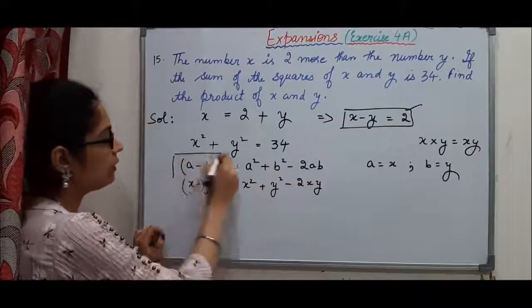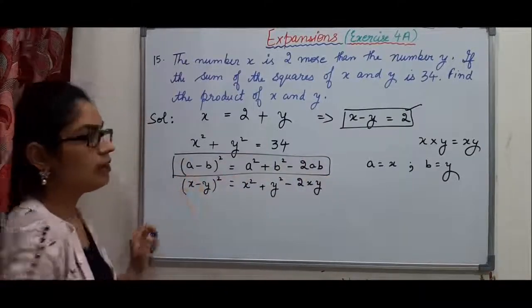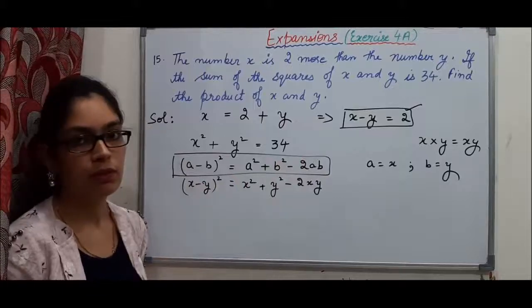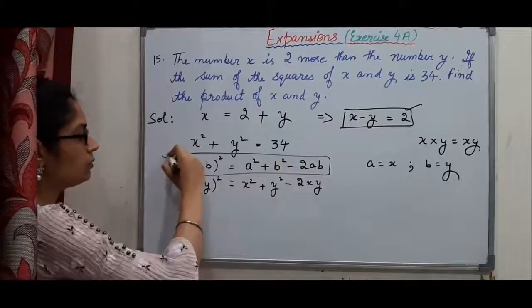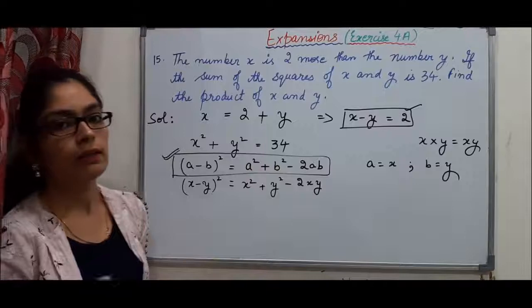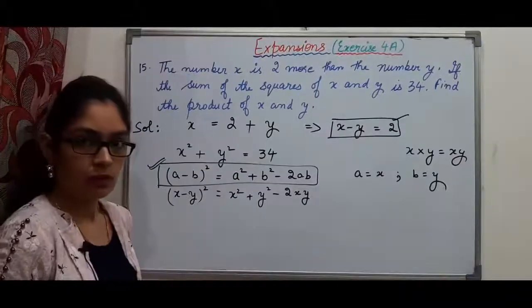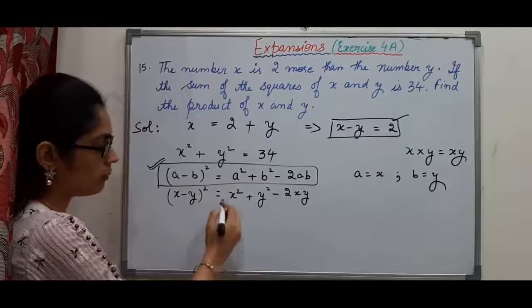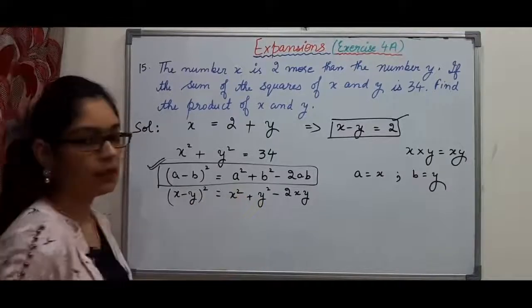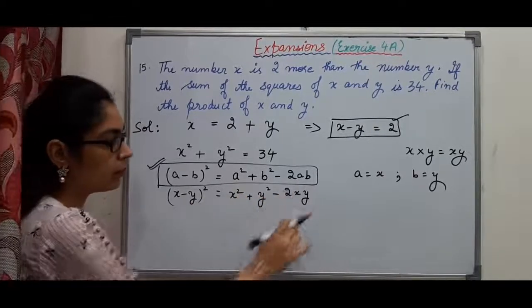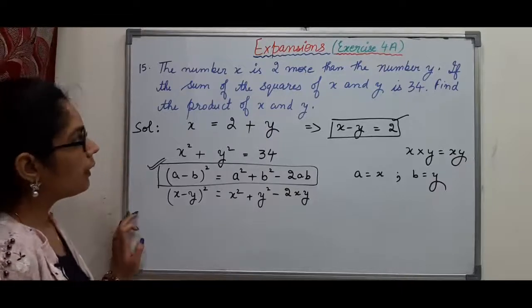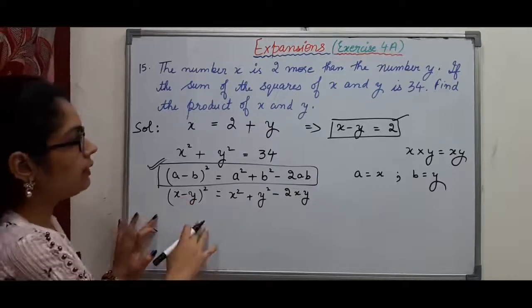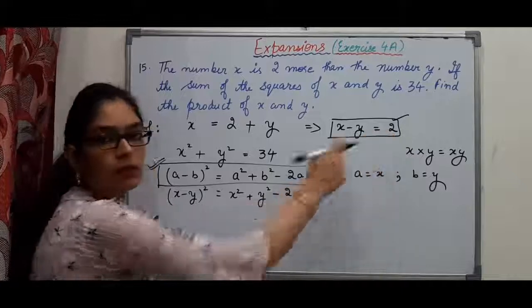See, these identities we have to mention in each and every question, whichever one we are using. So that's why I have mentioned it here in the form of a and b. So I have written here x minus y whole square equals x square plus y square minus 2xy. Now we can write the values. See, x minus y is given to us, x minus y is equal to 2.